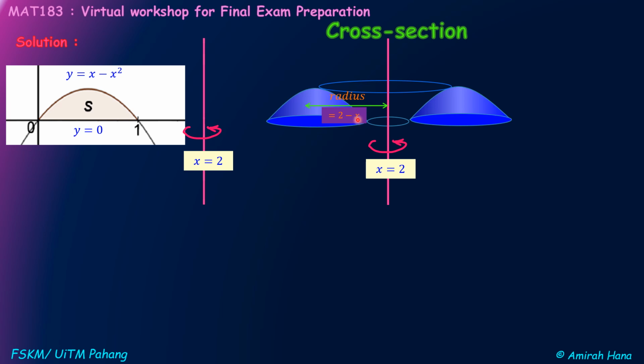Tapi untuk shell method, normally student selalu confused how to find the radius. Okay. So, caranya kalau confused, awak boleh refer kat sini. Okay. This is original diagram. Refer yang original diagram. Compare axis of rotation dengan shaded region. Okay. Axis of rotation belah kanan. Shaded region belah kiri.